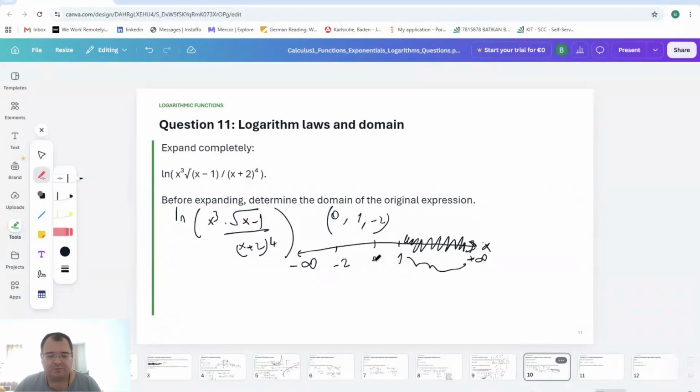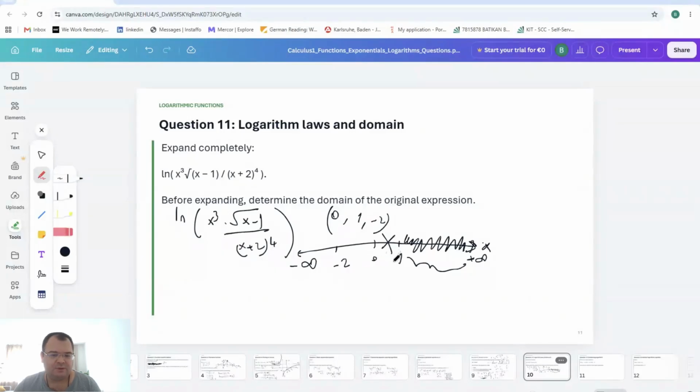For the values between 0 and 1, this will become negative, so you cannot use this range. For the values between minus 2 and 0, for example 0, the inside of the logarithm becomes 0, so you cannot use 0.